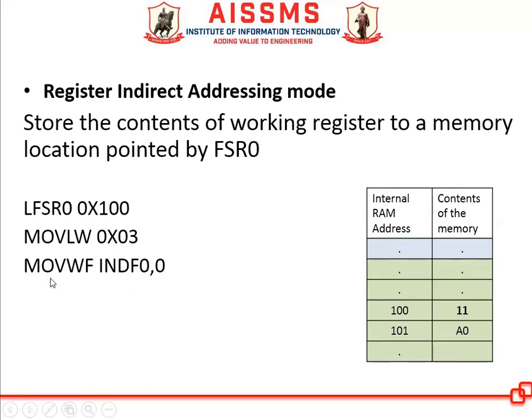This means move the contents of working register to the memory location pointed by FSR 0, which is 100. So 03H will be copied to memory location 100. Initially the contents were 11, now it will become 03. So this is register indirect addressing mode.